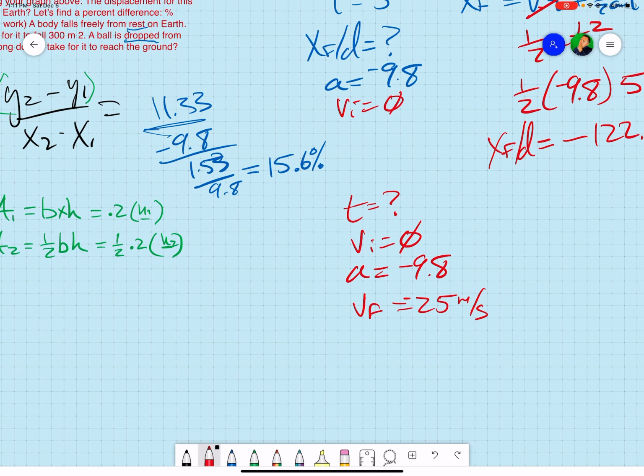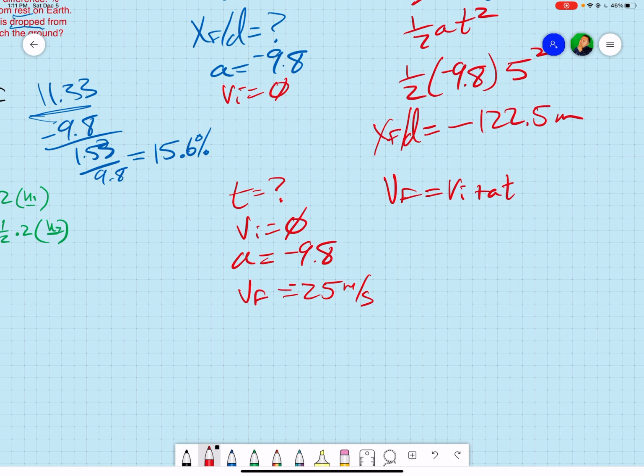Okay, so with those, I would pick the equation v f equals v i plus a t. I would do my algebra where I solve for t, so subtract v i on both sides. v f minus v i equals a t. Divide both sides by a.